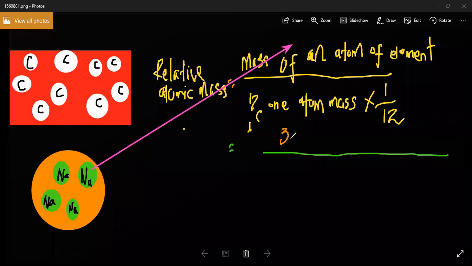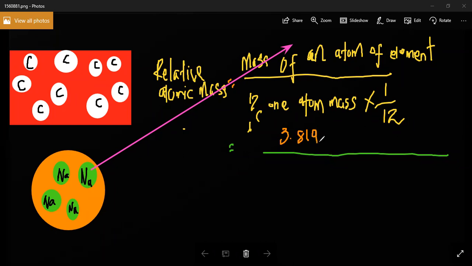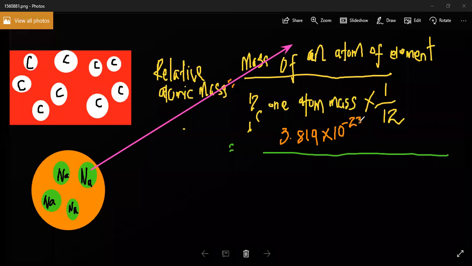What is the mass? 3.819 into 10 to the power minus 23. What is that? Gram. Clear? Okay.